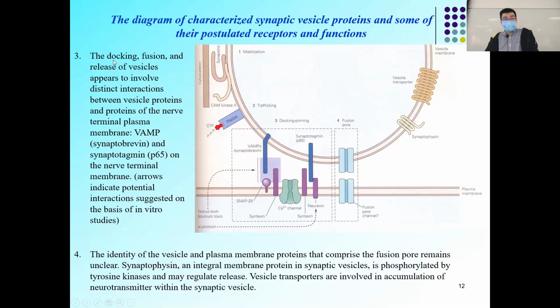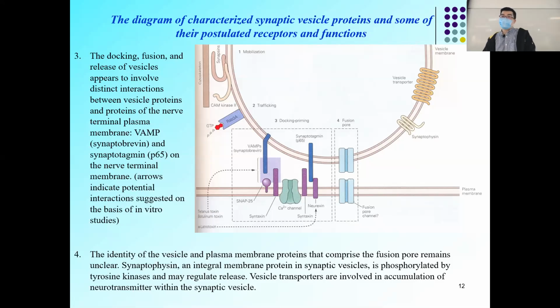So here is the docking and fusion, the distinct interactions of the proteins. As I mentioned, there is the t-SNARE and the v-SNARE, which is the synaptobrevin, and then the syntaxin, and they are linked together. The synaptotagmin is responsible for detecting the calcium that triggers changes in the structure.